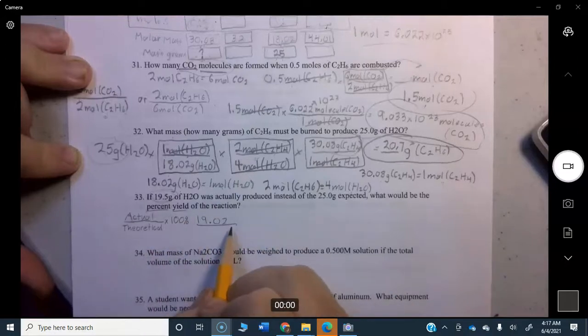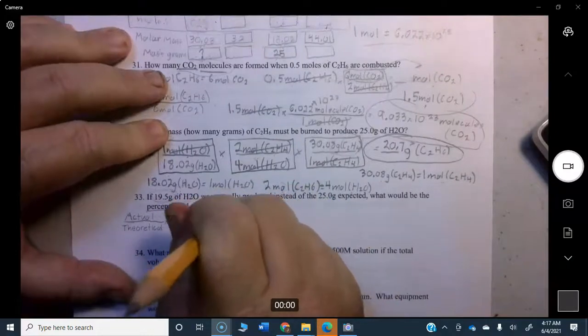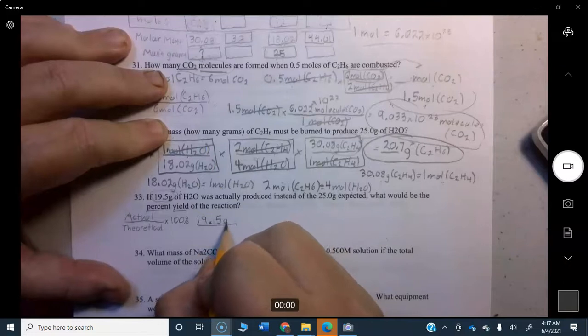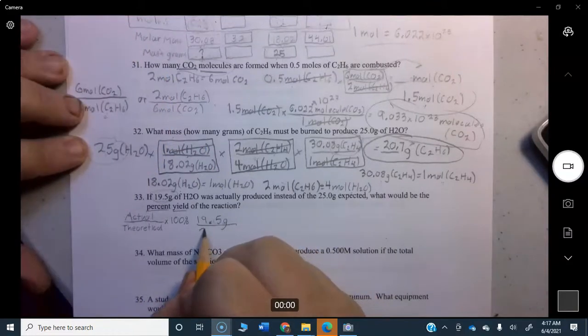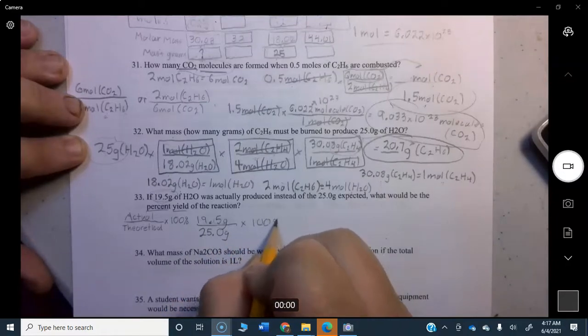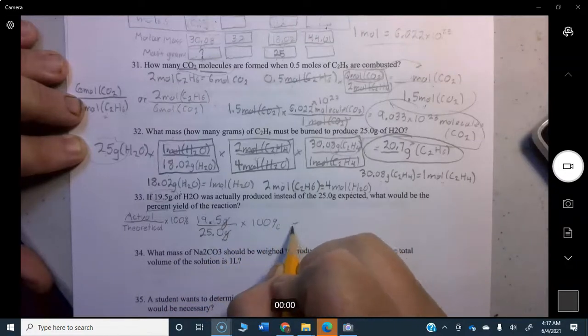So it's going to be 19.5 grams over what we expected, which was 25. That's what the formula told us. Times 100%. So grams are going to cancel out, so you end up with just percent for your answer.